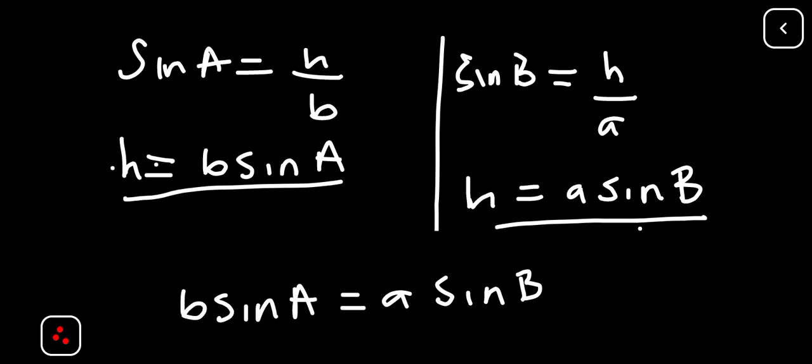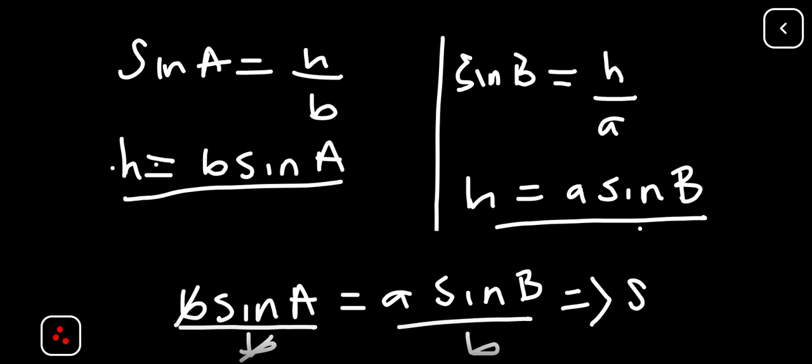Okay. Now if you divide both sides by B and also divide both sides by A. Let's start with B first. You divide by B first. B will cancel out here, so that you have sine A is equal to A sine B over B, right?